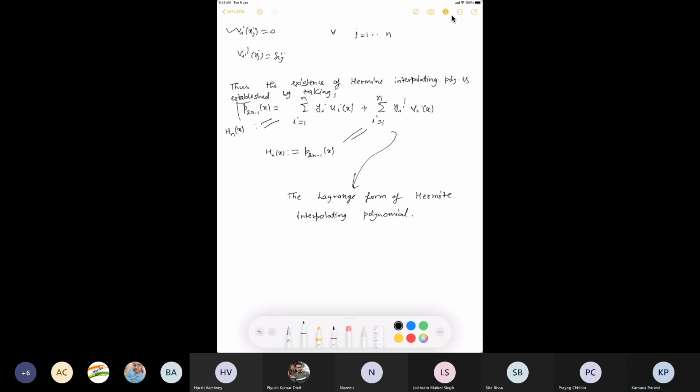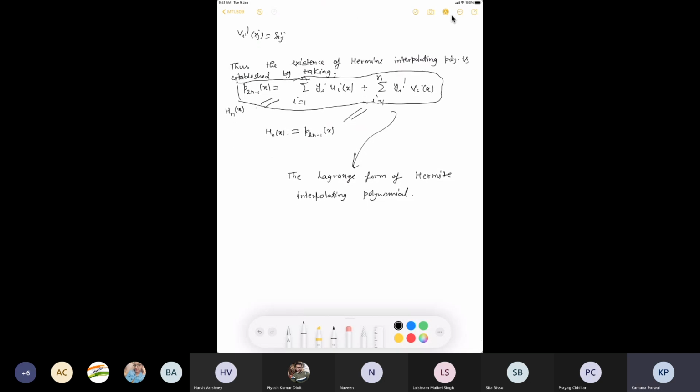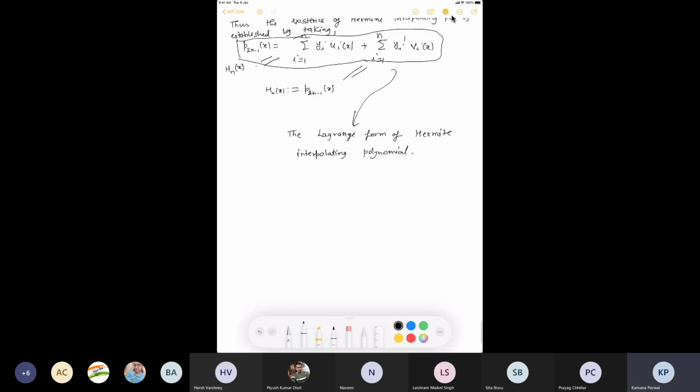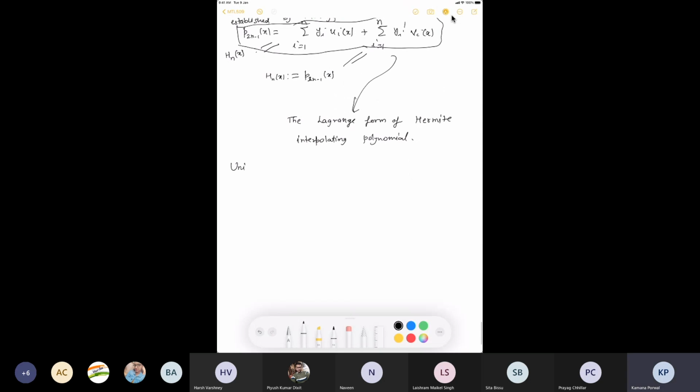So basically we have also got the expression for the polynomial, but once we have shown that this polynomial is unique, then of course we have the formula to determine such polynomials, right? So let's talk about the uniqueness part.